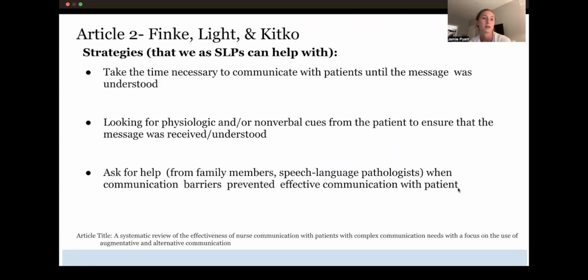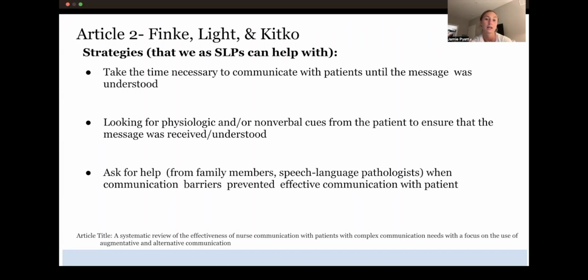Going off this, some other strategies found in Article 2 that SLPs specifically can help with, using our expertise to make communication between patients and healthcare providers better, are emphasizing taking the time necessary to communicate with patients and waiting until the message was understood. Also looking for physiological or nonverbal cues from the patient.